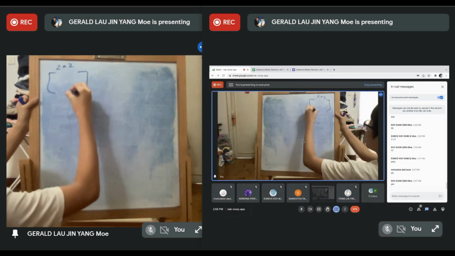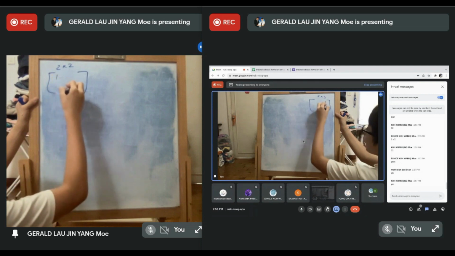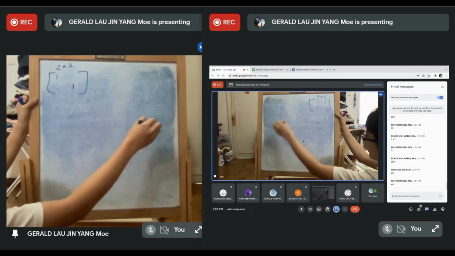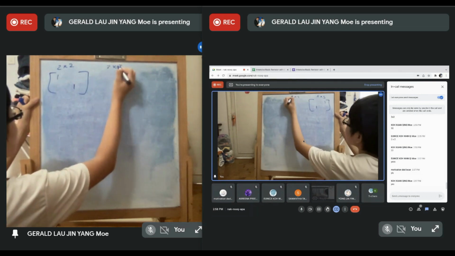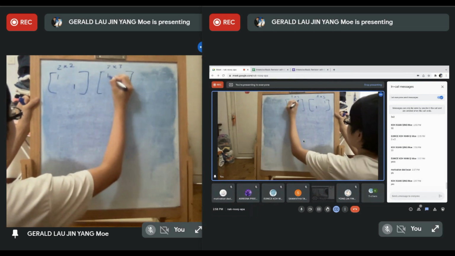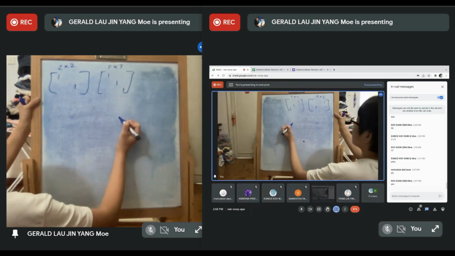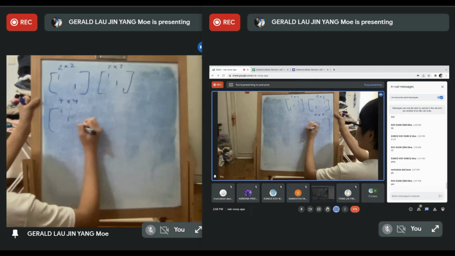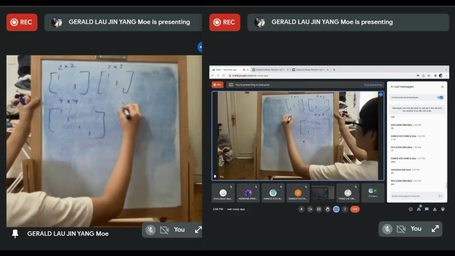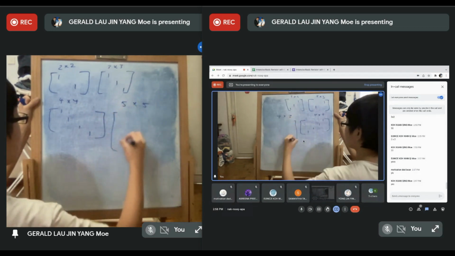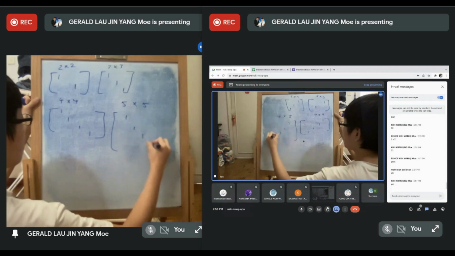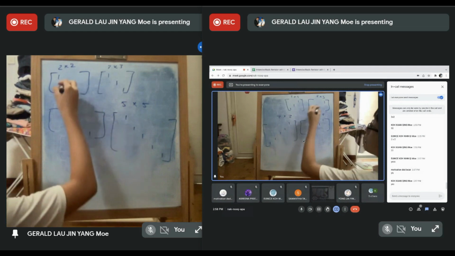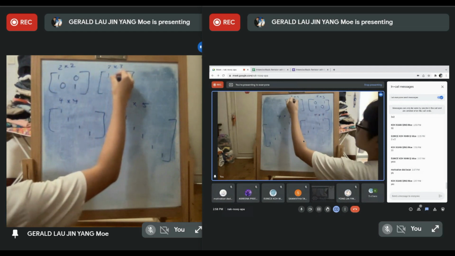So 2 times 2, basically 1 diagonally, moving from the top left to the bottom right diagonally. 3 times 3 matrix: 1, 1, 1. 4 times 4: 1, 1, 1, 1. 5 times 5: 1, 1, 1, 1, 1. Okay, like that. And then finally, add the 0 at the spaces where it's not used.